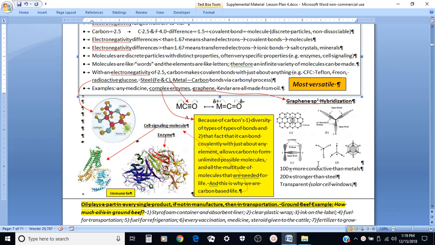Another example is graphene. I think graphene has potential to be a new wonder material. What graphene is, it's got this sp2 hybridization where you typically have one s and three p orbitals, right? One of the s and two of the p's hybridize together to give you three sp2s.